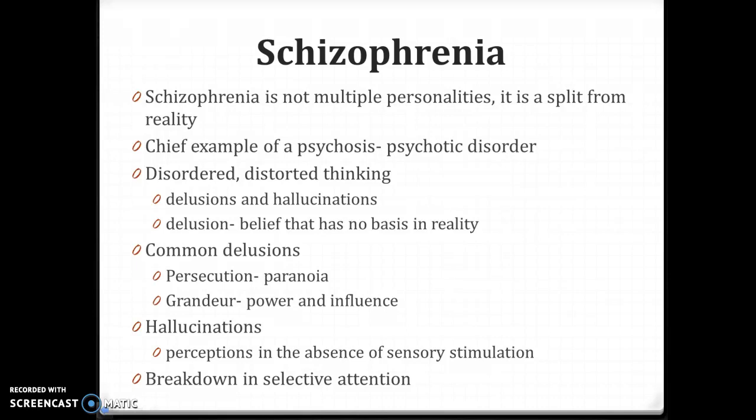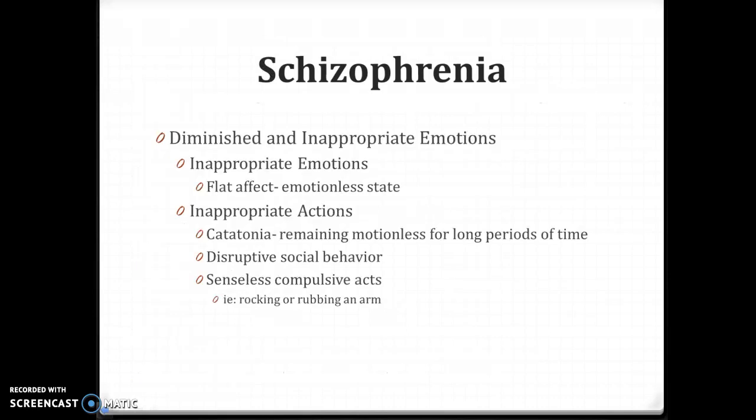And another thing is a breakdown in selective attention. Schizophrenia can also be expressed in diminished and inappropriate emotions, including a flat affect or an emotionless state, and inappropriate actions, which is more commonly thought of when the name schizophrenia is brought up.